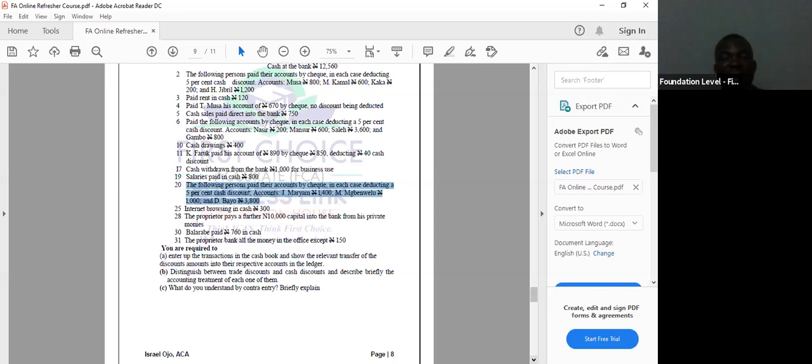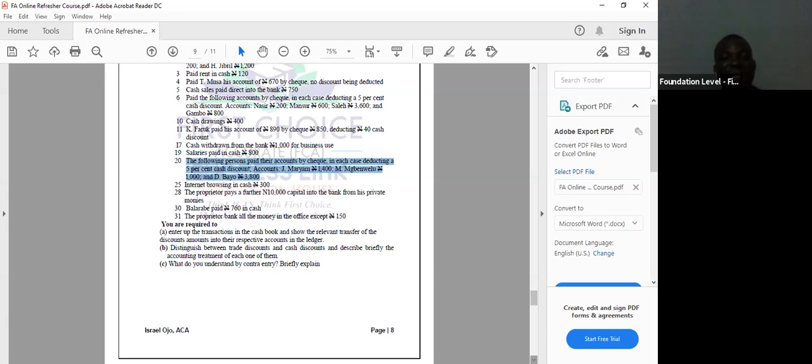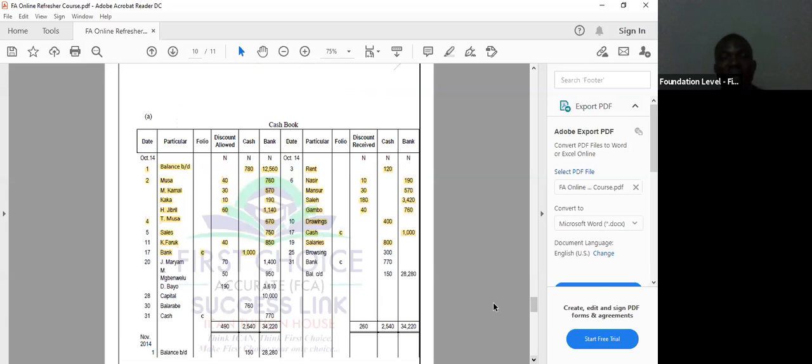Now, if they pay their account by check, it means that it's the account that we are keeping on their behalf that they paid. So they are paying money into the account. It means that they are customers. Once they are paying money, it will be found under the debit side, because it's reducing our trade receivables.